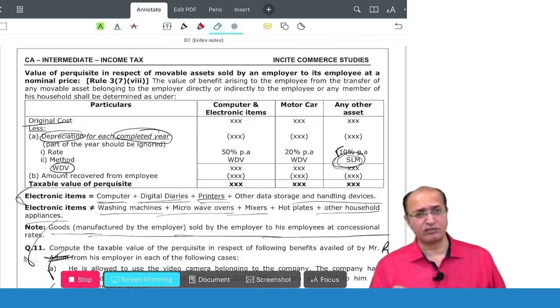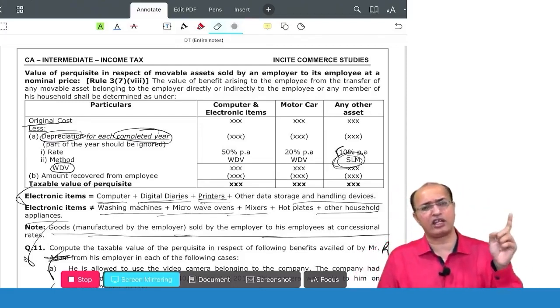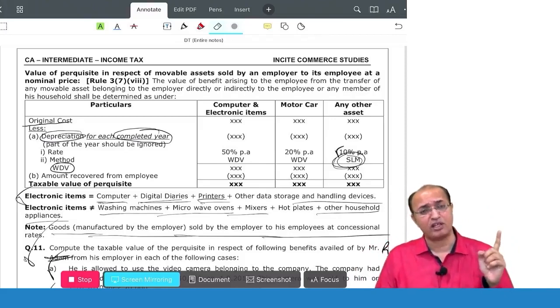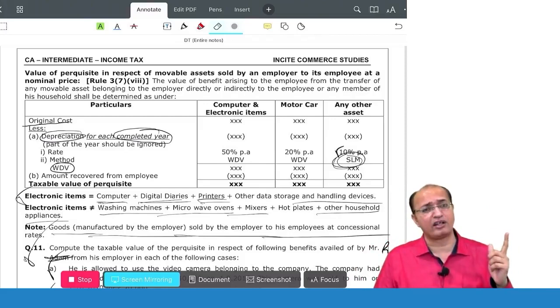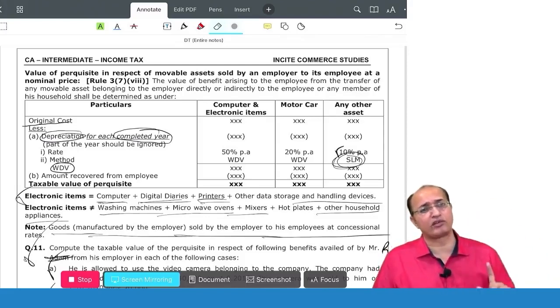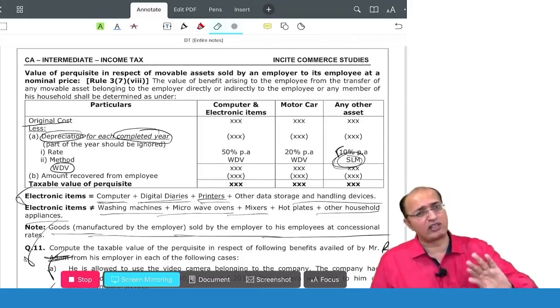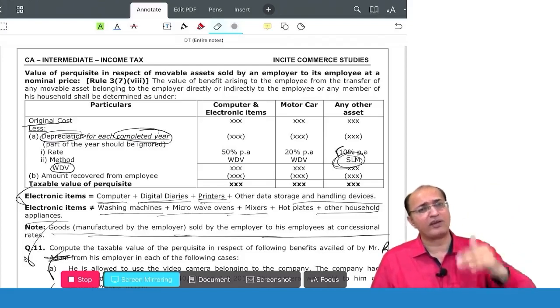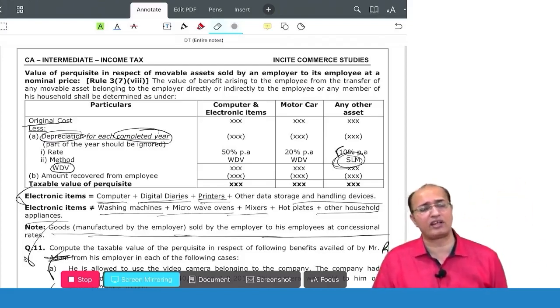I do not know which point you are trying to connect this with, but I think you might be connecting it with the chapter of PGBP. In the chapter of PGBP, I had explained that when you make a payment to someone, that payment is an expense for you, and you are expected to deduct TDS and pay it to the government. If you don't deduct TDS and don't pay it to the government, then the amount of expenditure will be disallowed to you. It will be added to your income, as a result of which your income will increase and your tax liability will increase.